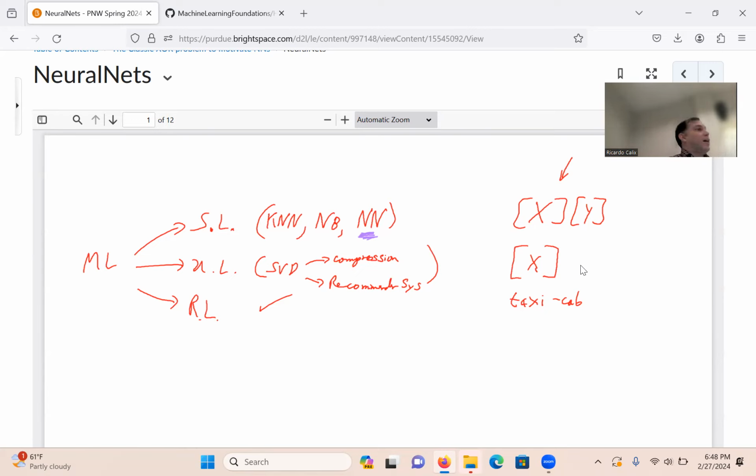No, it's a good question. So usually in supervised learning, we learn to correlate the X's and the Y's. But what if you don't have the Y's? Then in that case, you cannot use KNN or neural nets in how we're going to use them for supervised learning.